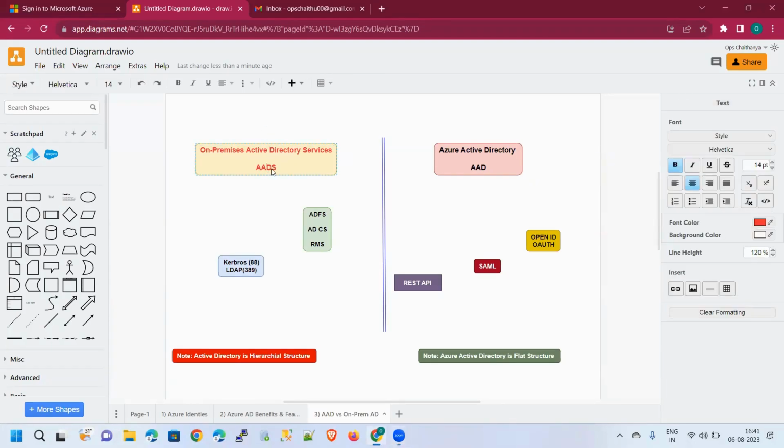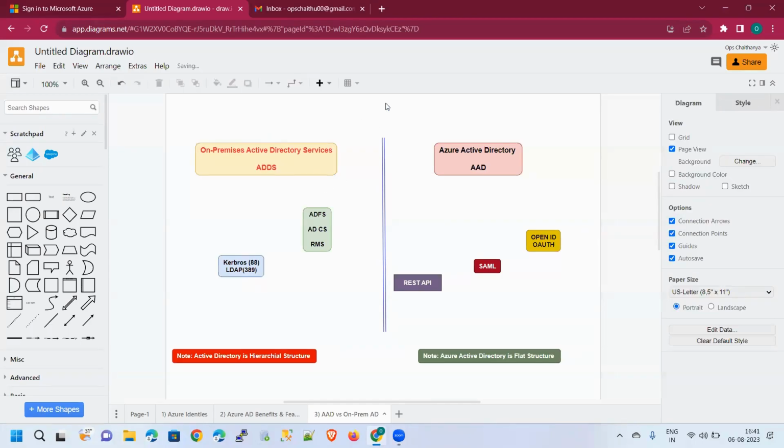When it comes to Azure Active Directory, the name is AAD. ADDS and AAD, we are going to see these differences. Let's go ahead and understand this.